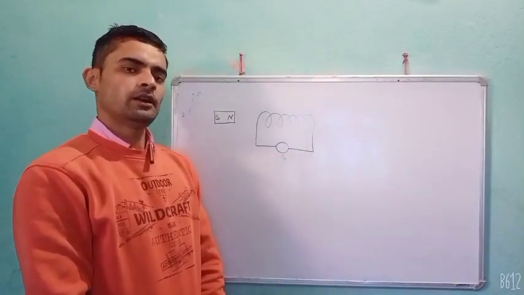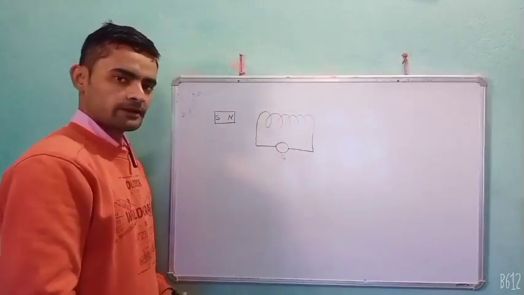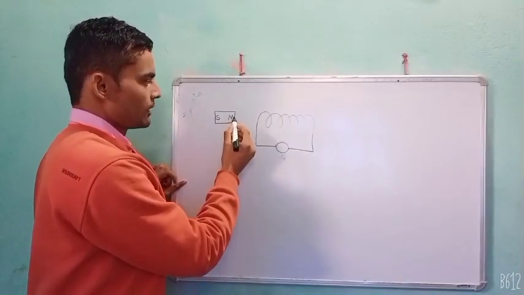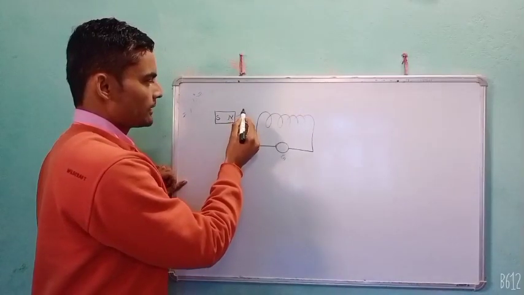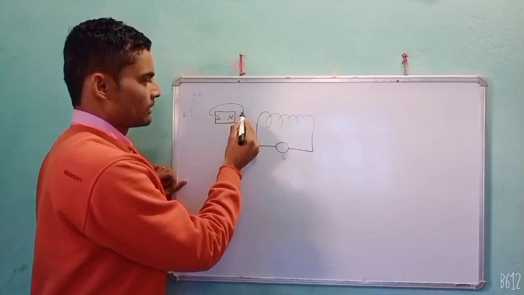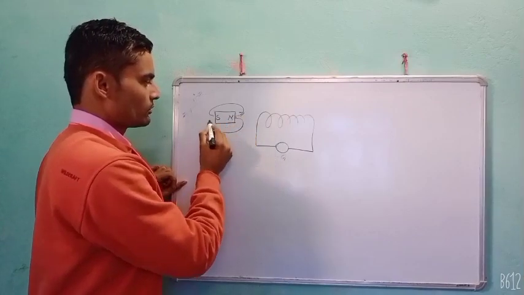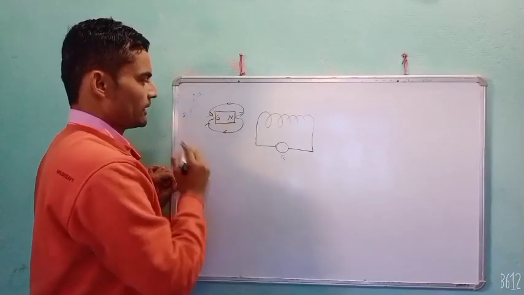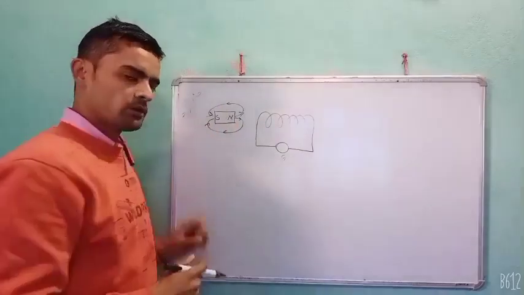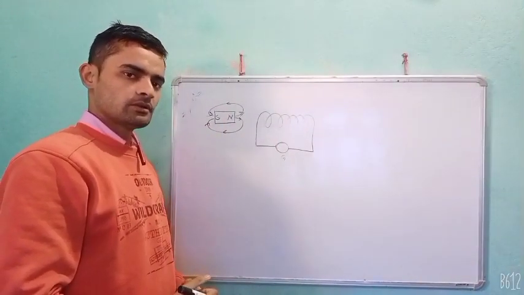We know that every bar magnet has magnetic force lines from north to south. These magnetic field lines generate from the north pole and enter the bar magnet at the south pole.